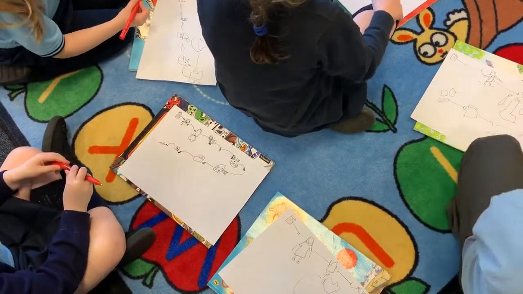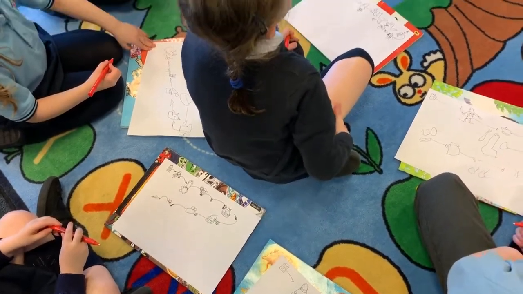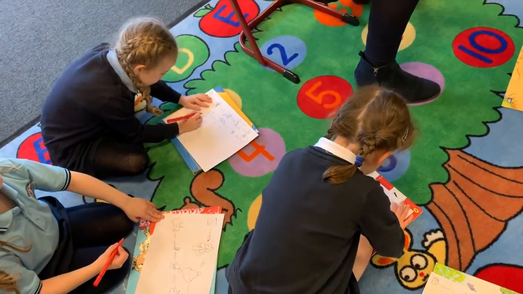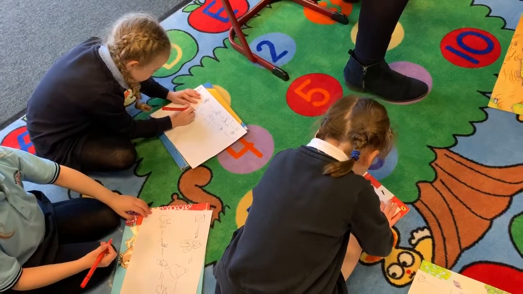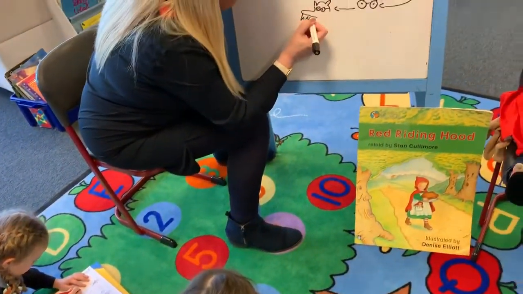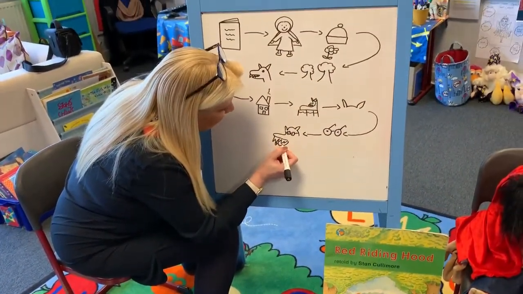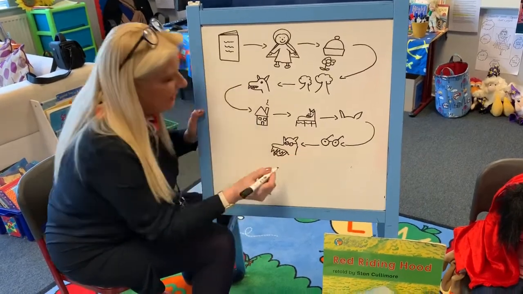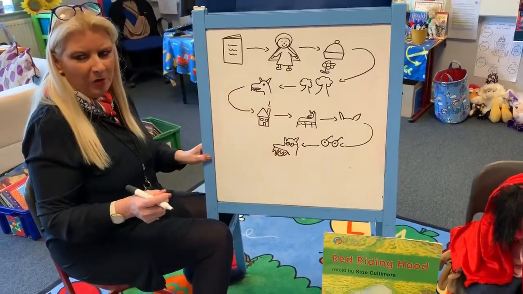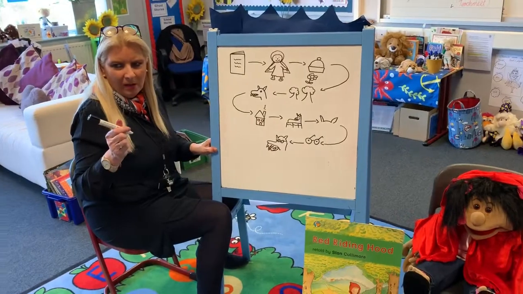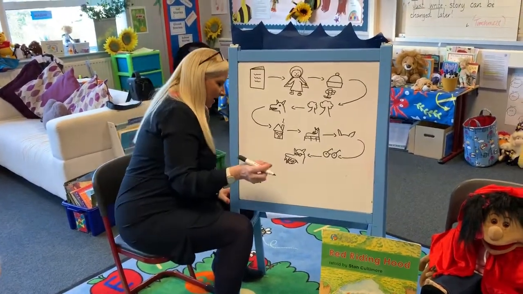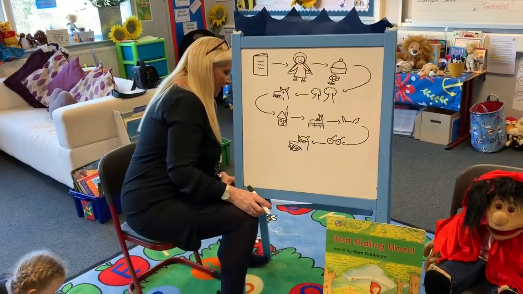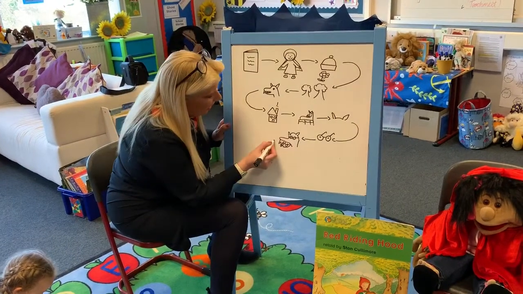So I need to try and do the wolf again, right? There he is, he's got the glasses on, and then he's got big teeth like that. What big teeth you have! All the better to eat you with, right? So, then what happens?